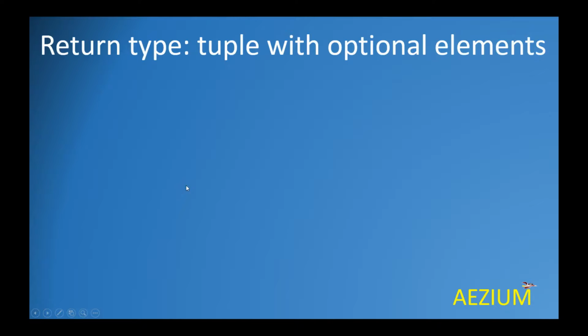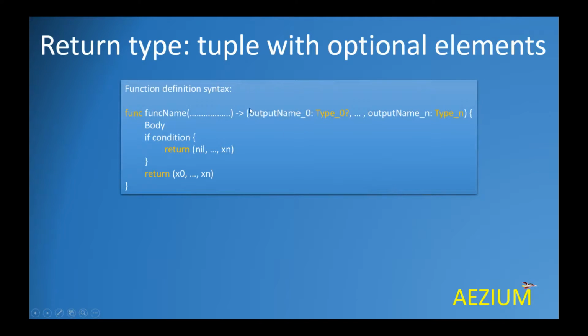Now let's have a look at an example where instead of having the entire tuple to be of an optional type, we only have a single element of this tuple which is of an optional type.